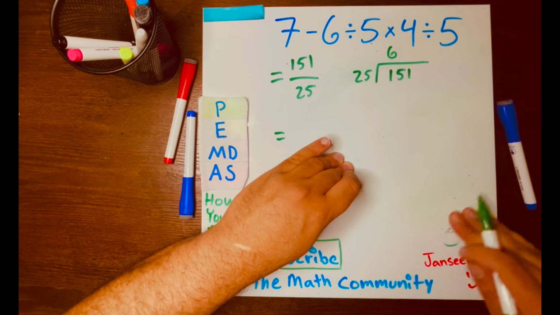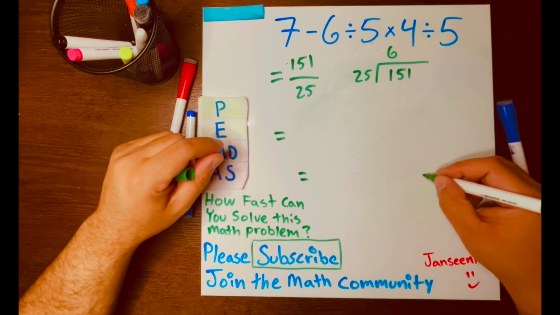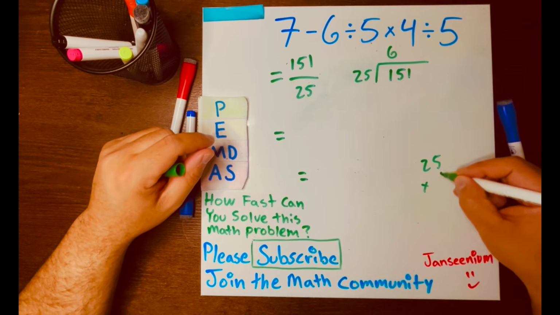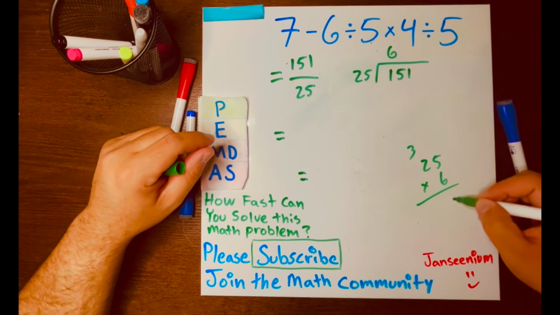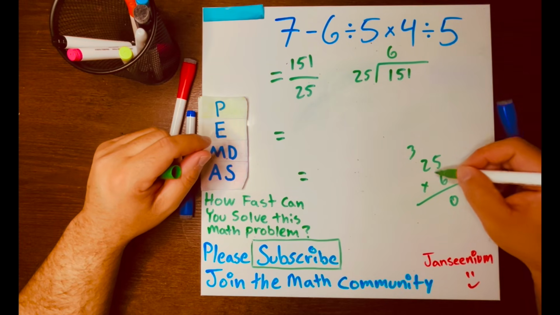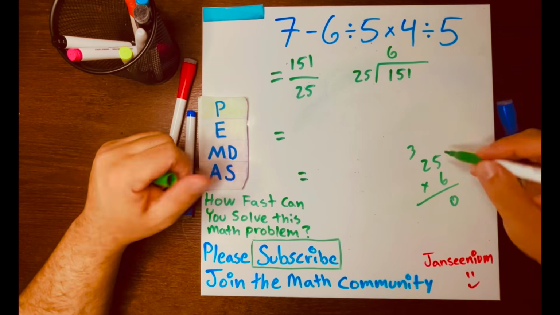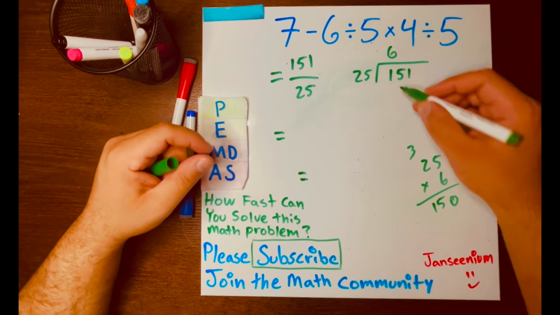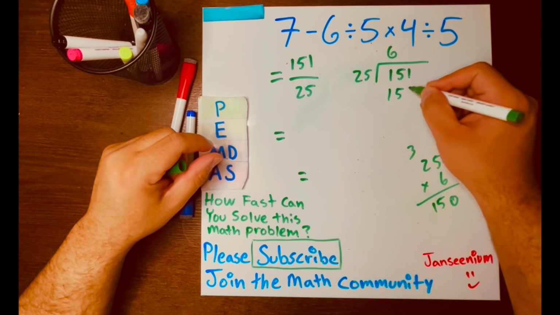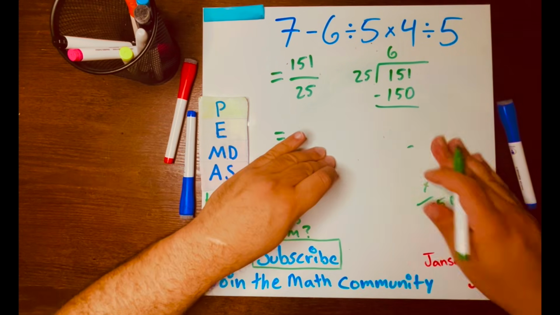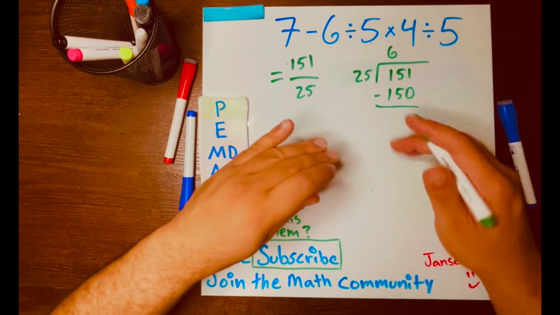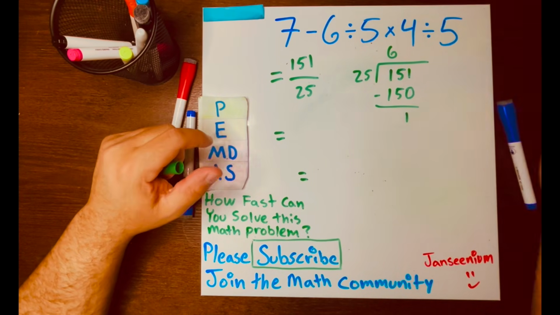And 25 times 6, so 6 times 2 is 12, 13, 14, 15, so that is 150. And then you subtract 151 minus 150 equals 1.